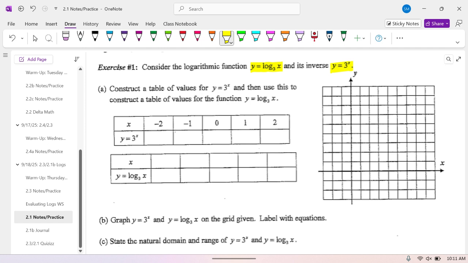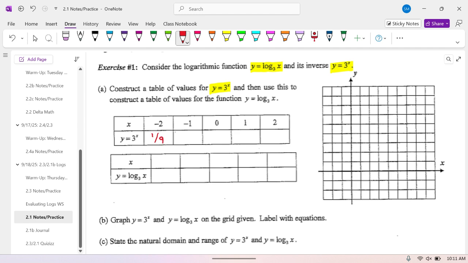All right. So let's fill in the table for y equals 3 to the x. Think about it. Your x values are your exponents. That's what you're raising 3 to. So let's just do this by hand. What is 3 raised to the negative 2 power? It's on your power chart. 1/9.